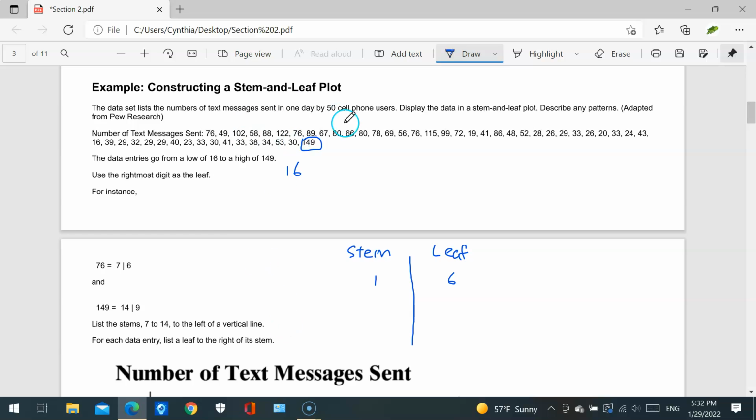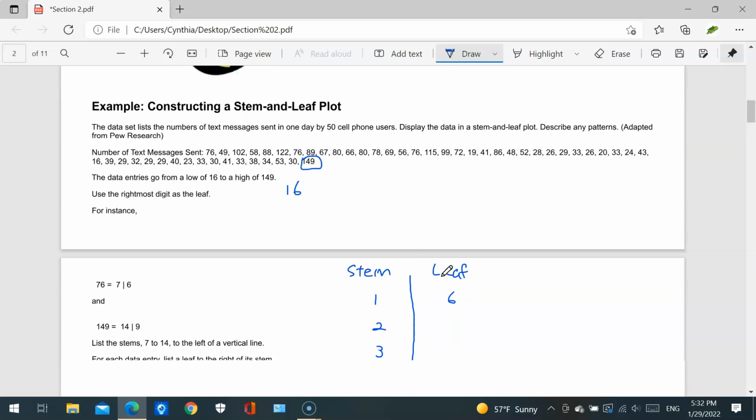And then I record the data in order. On your stem part, the numbers are in increasing order: 1, 2, 3, 4, 5.